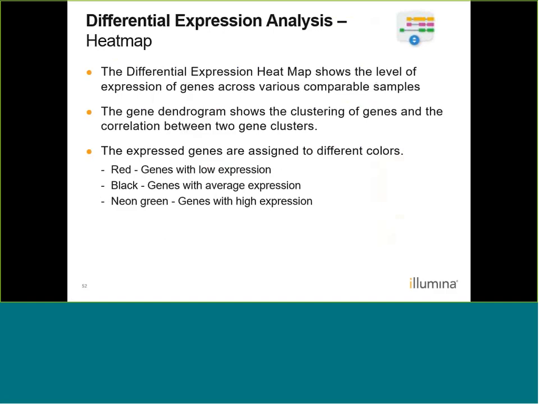So similar to the sample correlation matrix, we are going to see some hierarchical clustering between the samples and also between the genes. And then the expressed genes are going to be assigned different colors. So anything in the red, this means that the genes have lower expression. Black means average expression, and then neon green means genes with higher expression.